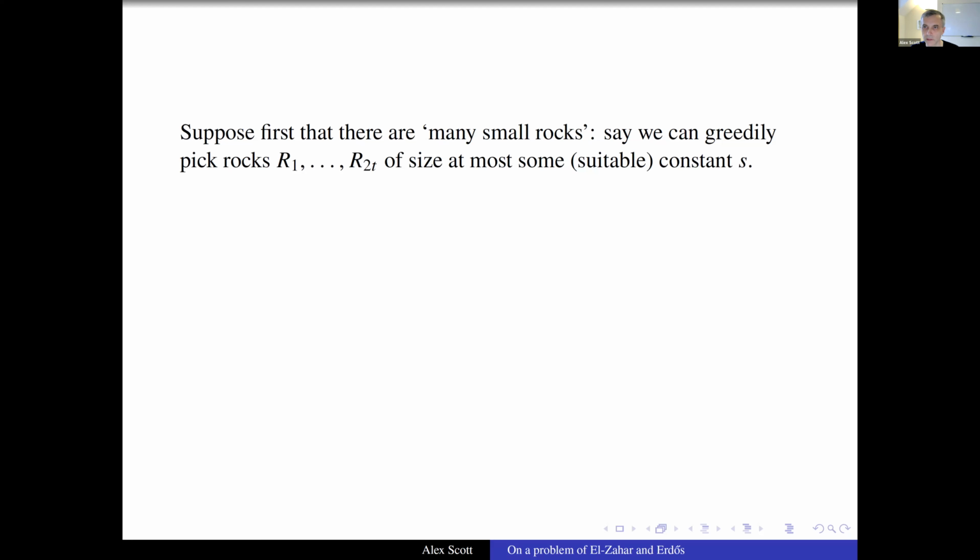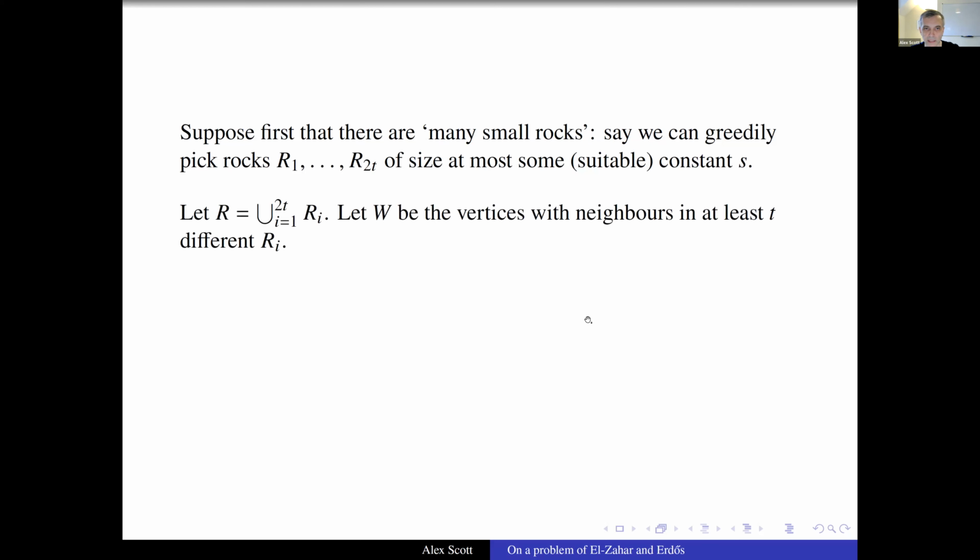So say we can pick a sequence of small rocks: 2T rocks of size at most some constant you want, let's say S. Let R be the union of these rocks. Let W be the vertices that have neighbors in at least half of the rocks, at least T of the rocks.